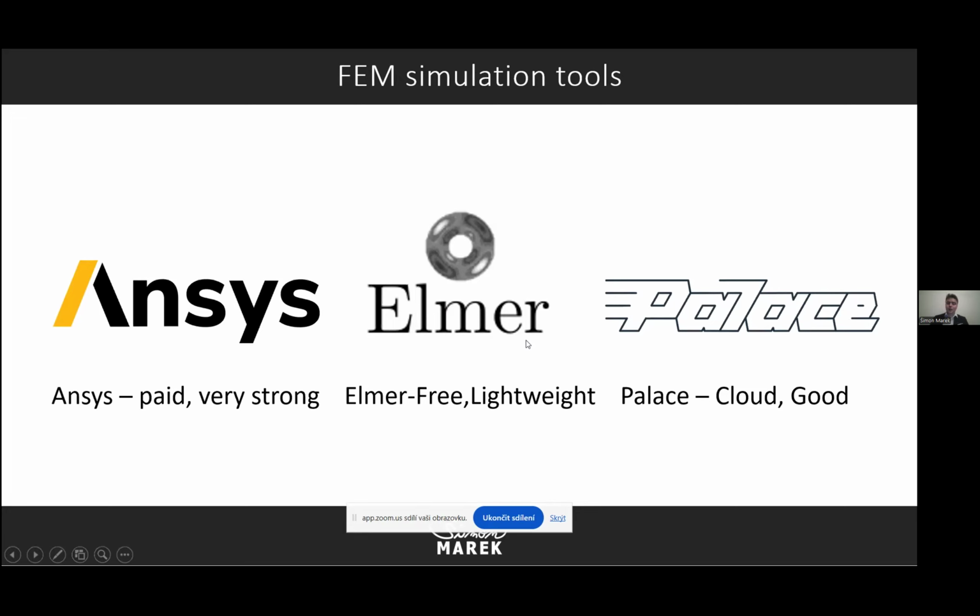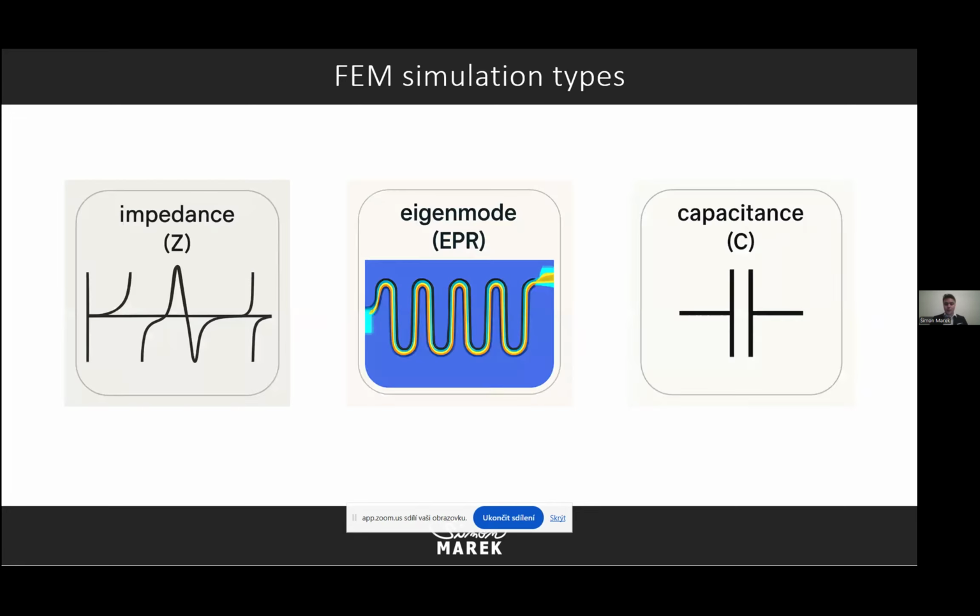So it's not that widely used. And there is Palace, which is developed by AWS, and it is cloud based and it is very good and it should have good documentation, and it also should have support for PyEPR, which is a tool which is developed by Zlatko Minev.